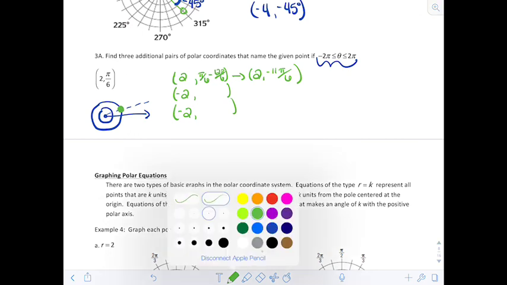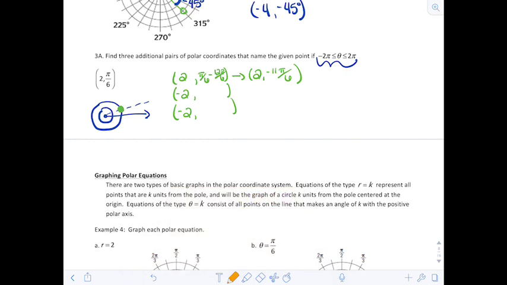Now, to use the negative 2, that means I've got to land out here and then reflect back. What would land me out here would also have to have a reference angle of pi over 6. Well, that would be 7 pi over 6. Essentially, the math that I'm doing is taking pi over 6 and adding 6 pi over 6, 180 degrees or pi radians.